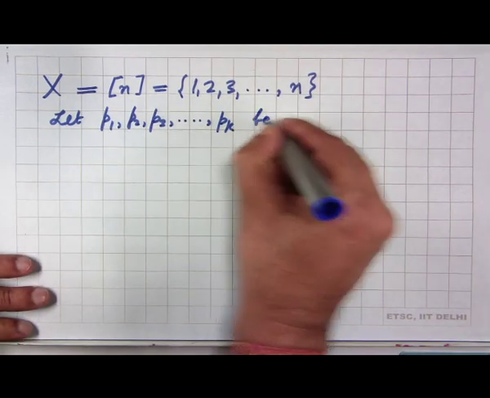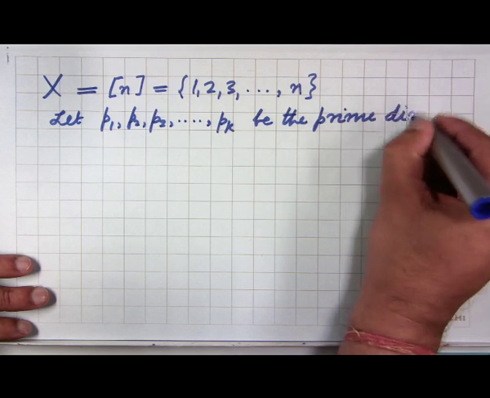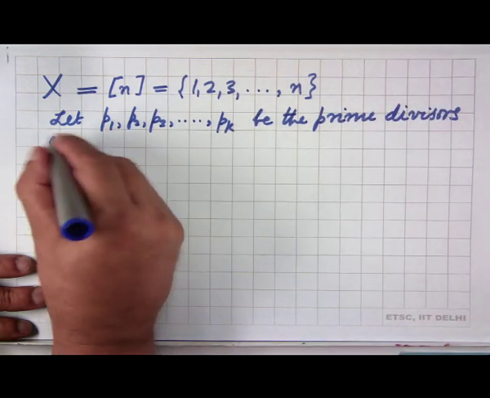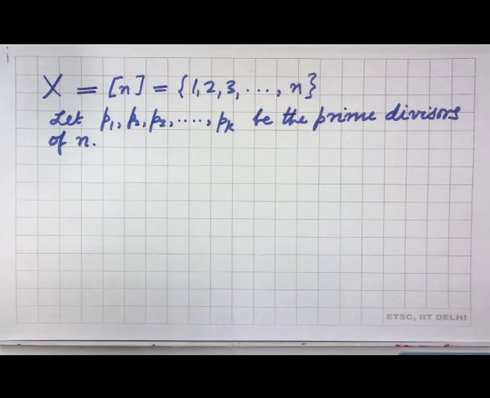Let these be the prime divisors of n. The number of prime divisors of n is something that one can't really figure out, and therefore I cannot predict for you how many of these primes I'm going to write down. If n is greater than 1, if n is not 1, that list will include at least one prime. At any rate, I've written down the list of all prime divisors of n. So for example, if n is 12, that list will include only 2 and 3. And if it is 10, it will include only 2 and 5.